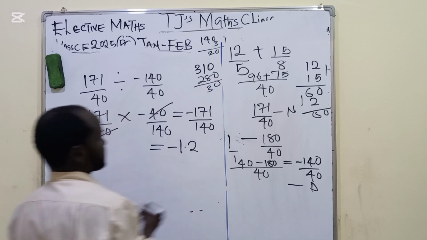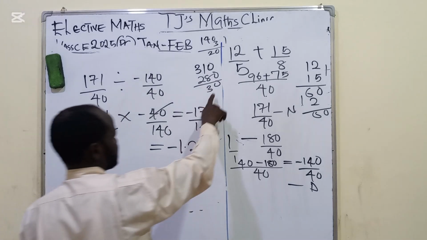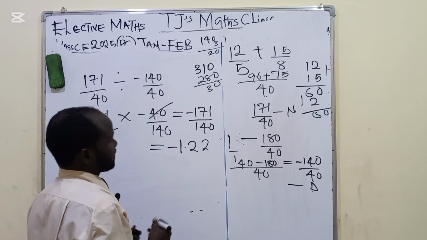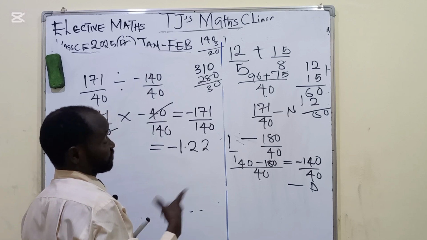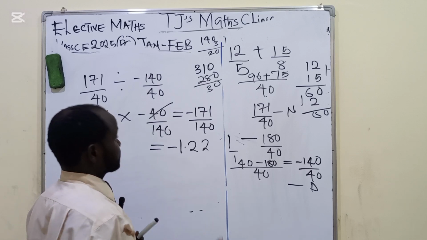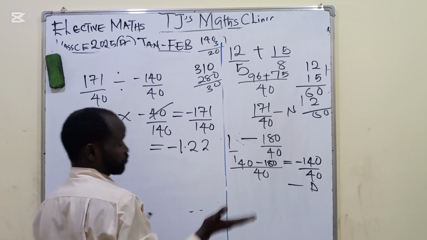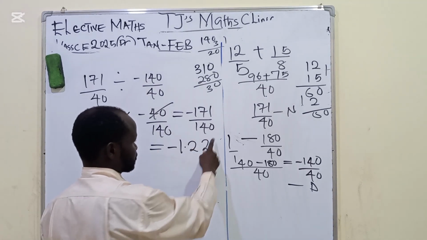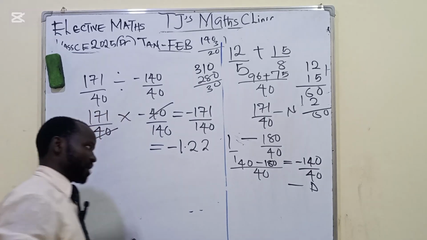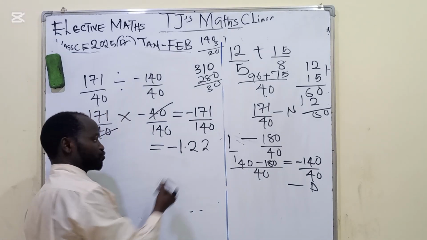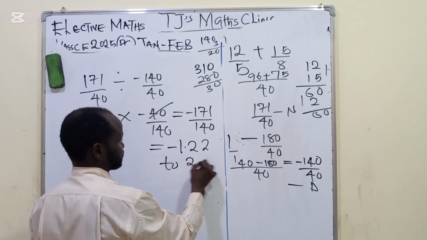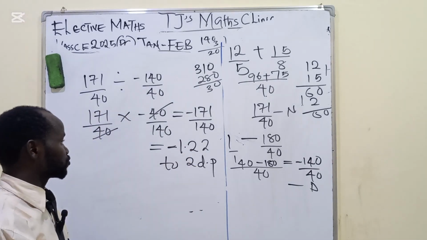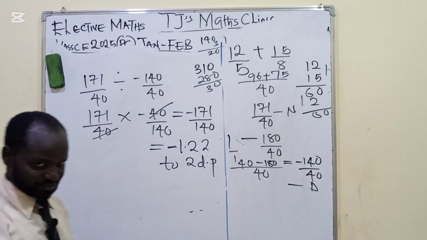We add 0 to this 30, that's 300. Still the same, 2. That's 280, we'll be left with 20. We add 0, that will be 200. 140 into 200 enters 1, remainder 60. So to two decimal places, our answer will be minus 1.22. This will be the solution to this question.